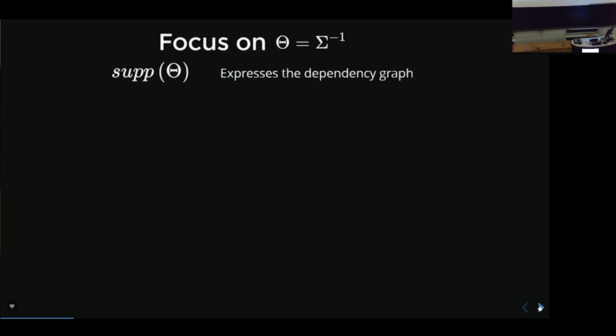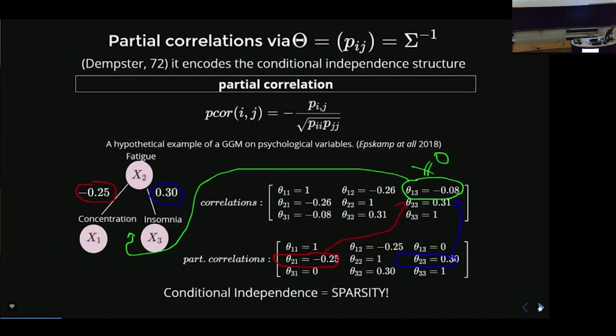Yeah? How did you go from correlation to partial correlation? So I am actually trying to link the partial correlation to the inverse of the correlation, that is the precision matrix. So you said that you pose the assumption that there is no dependence between concentration and insomnia given fatigue, right?